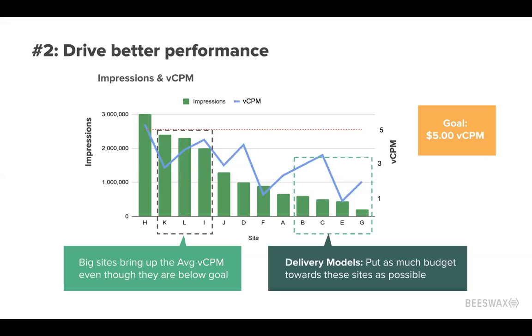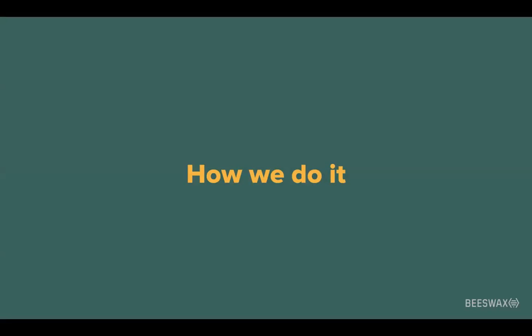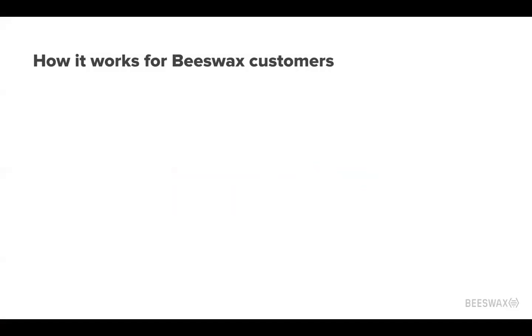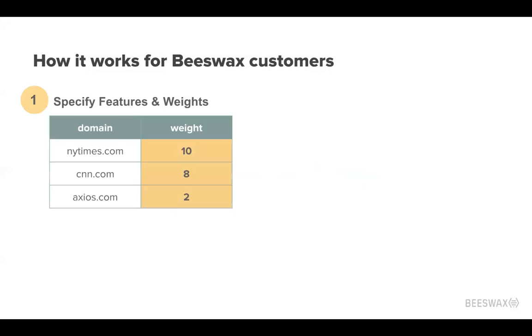So that's more of a performance use case. And again, I would encourage you to also think about what your performance goals are and how this could apply for you specifically. So how we do it, I've already described some of this, but just going into a little bit more depth.